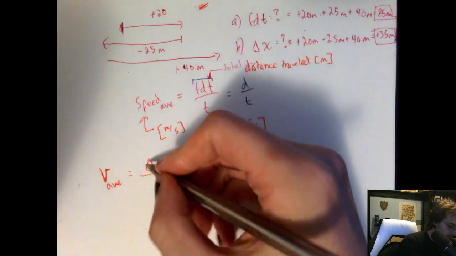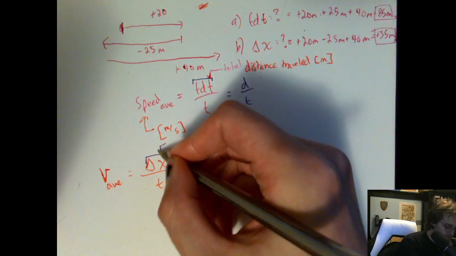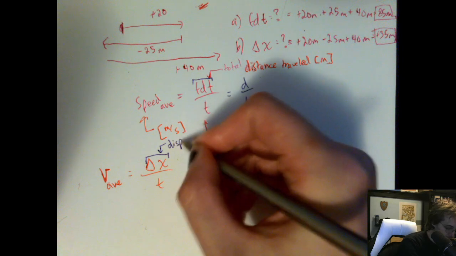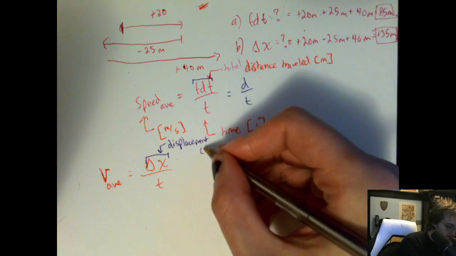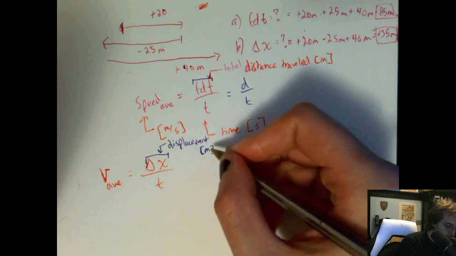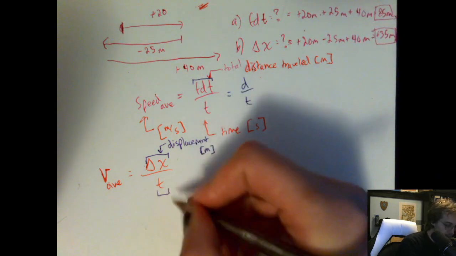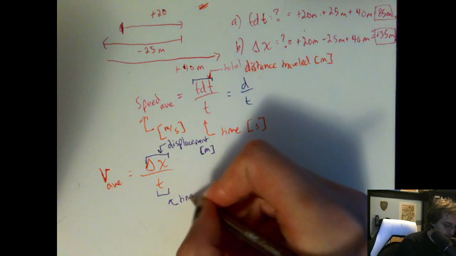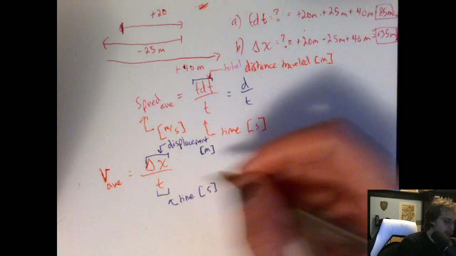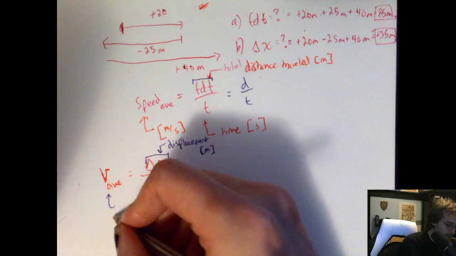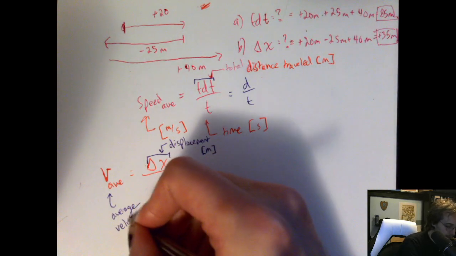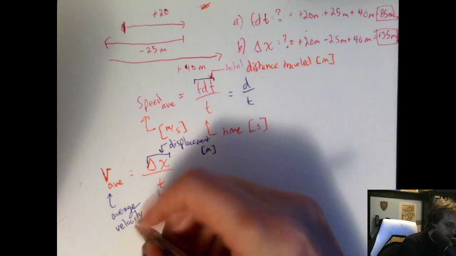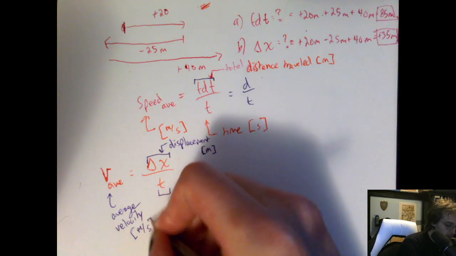So we talked about this a little bit already, but this is displacement, which is in meters. And this is still time, which is in seconds. And then we have average velocity, which is in meters per second.